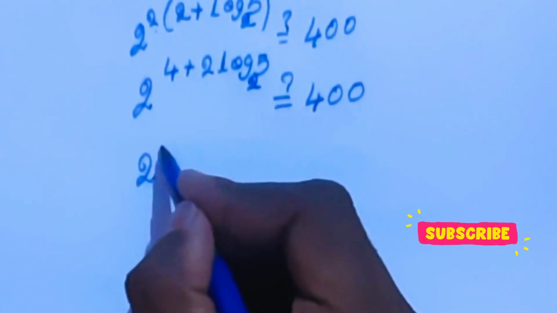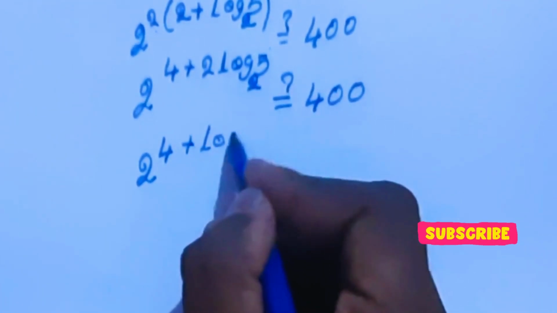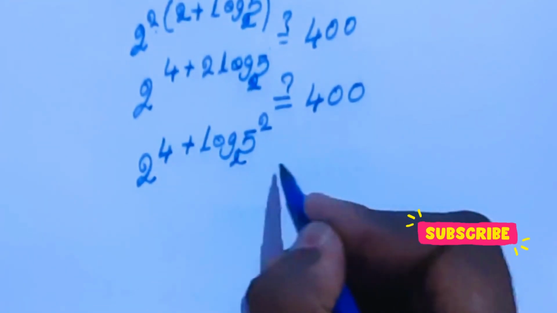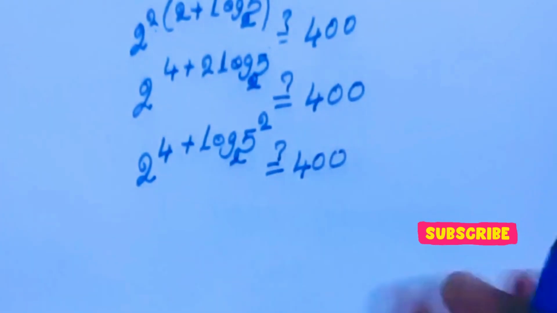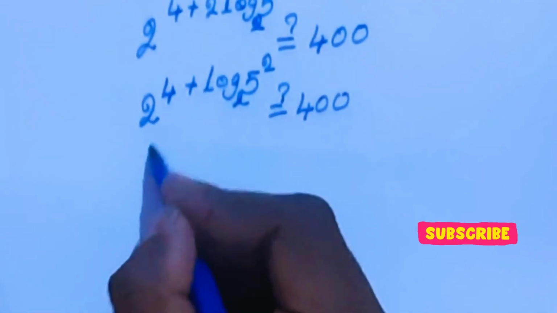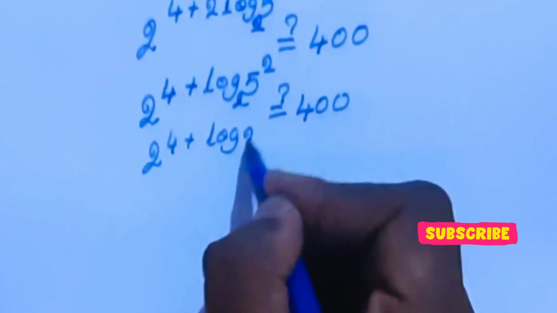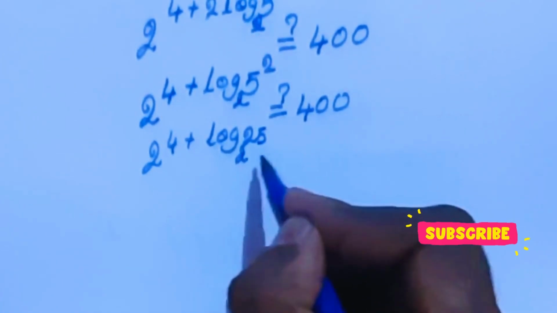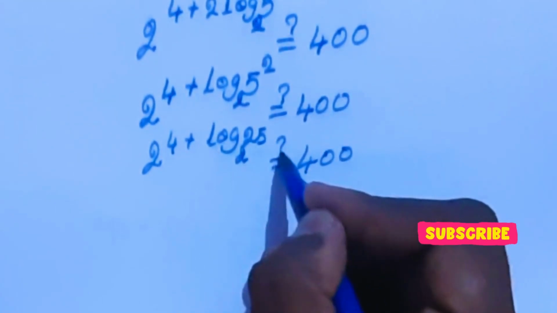So 2 power 4 plus log 5 power 2 base 2 equal to 400. Now 2 power 4 plus log 25, 5 square is 25, base 2 equal to 400.